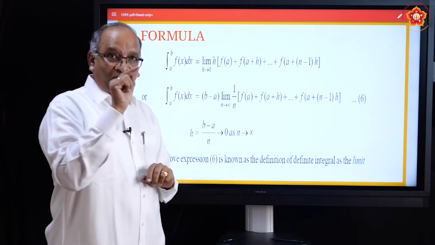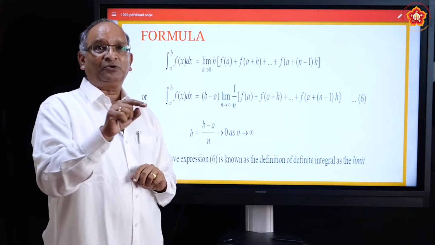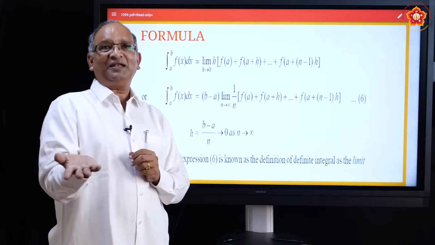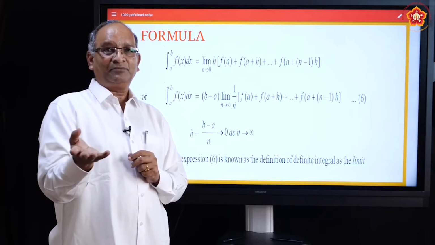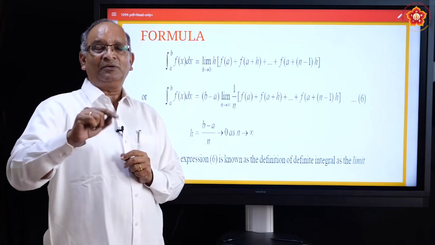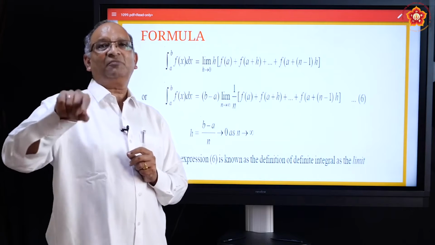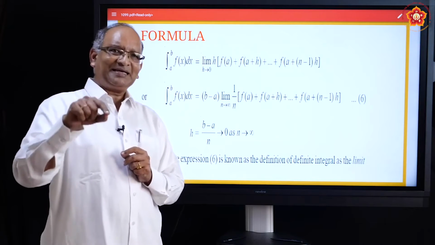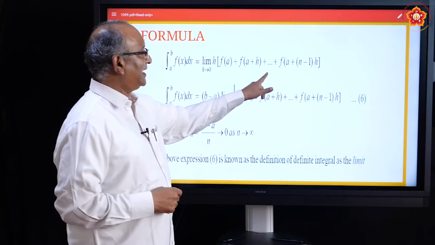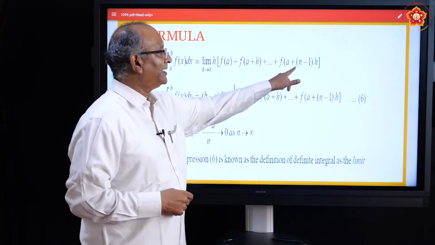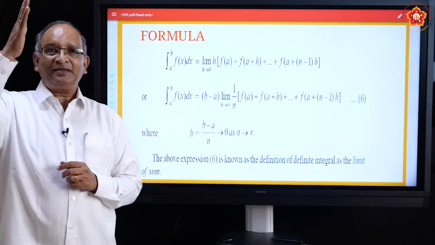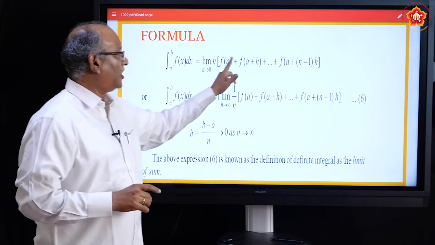So when you substitute x equal to a, f(x) becomes f(a). What is the next one? The next one is plus h. x0, if you add 1, becomes x1. So what is x0? It is the lower limit a, so it is a plus h. Next one is a plus 2h, and the last one will be a plus (n minus 1) into h. h, remember, is the width, which is the same for all.